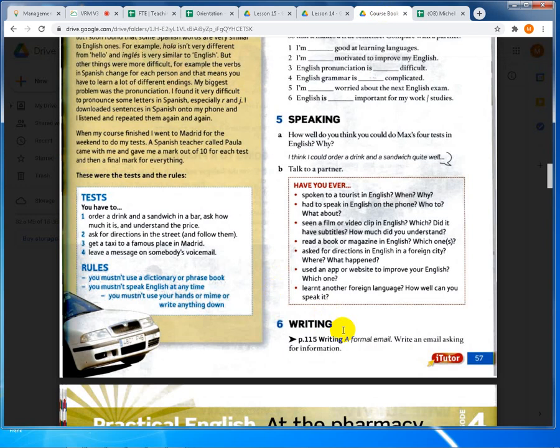Well, we have here: have you ever asked for directions in English in a foreign city? Yes, Lynn. So, do you still remember where? I think it's in Thailand.